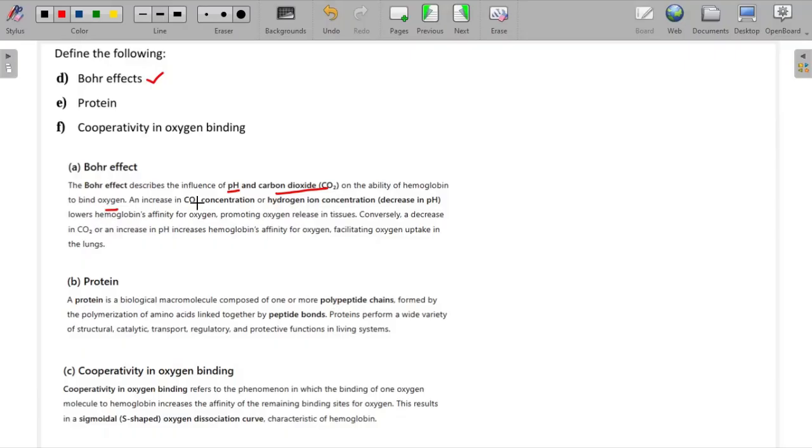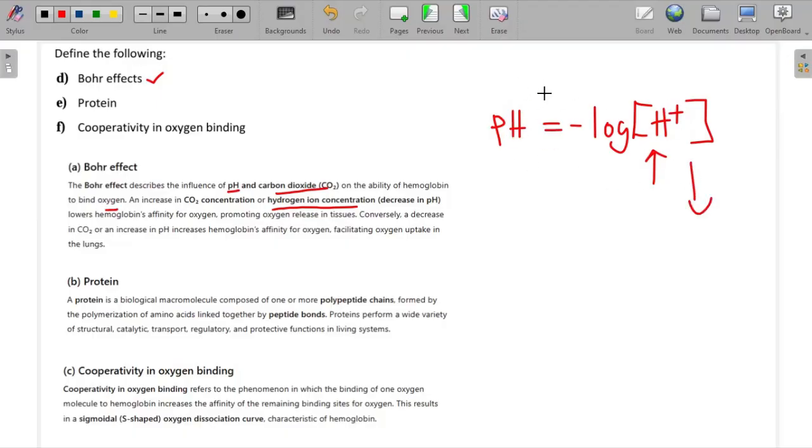When the hydrogen ion concentration increases, it means there's a decrease in pH, because remember the formula: pH equals minus log of the hydrogen ion concentration. If this increases, the pH decreases. If this decreases, the pH increases.